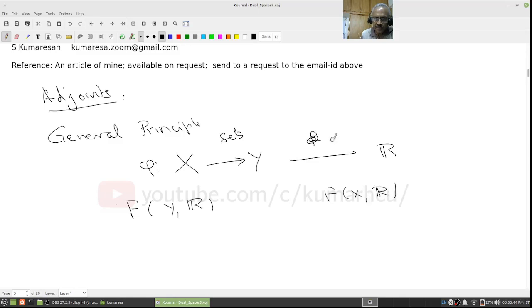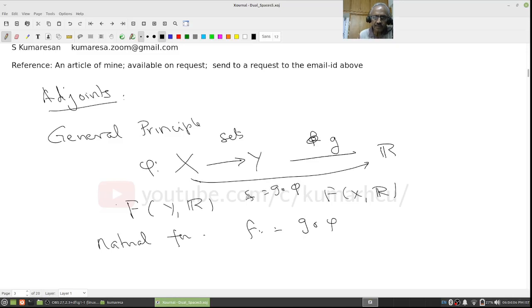Suppose I have a function g from Y to R. Then I have a natural function, which is defined as g composite phi. I call this f.